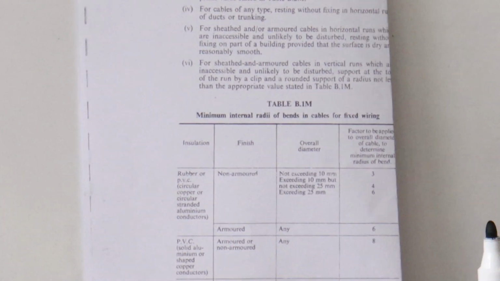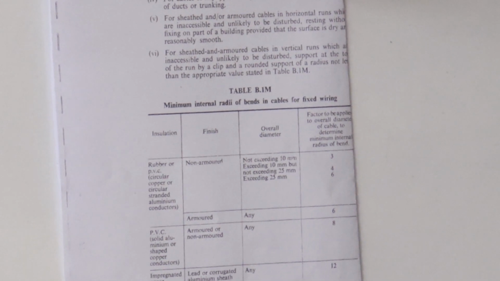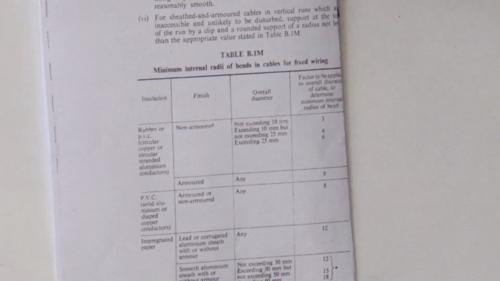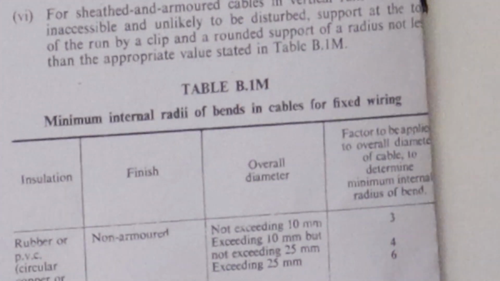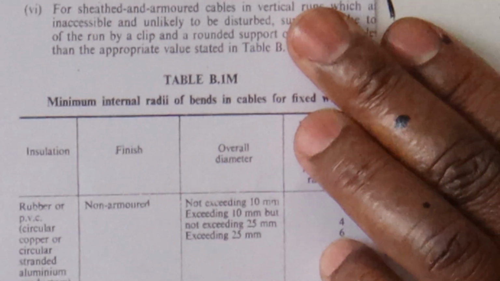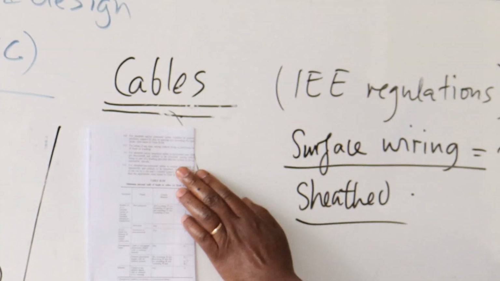Now there is another table. Here, they talk of minimum internal radius of bends in cables for fixed wiring. Well, surface wiring is also referred to as fixed wiring.